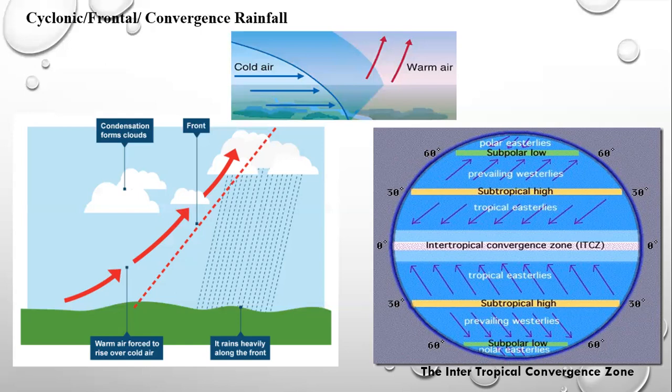Now, these regions, that's where you find the intertropical convergence zone, where warm air meets up with cold air to form convergence, cyclonic or frontal rainfall.